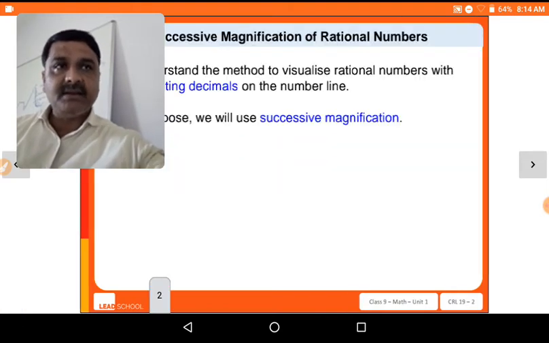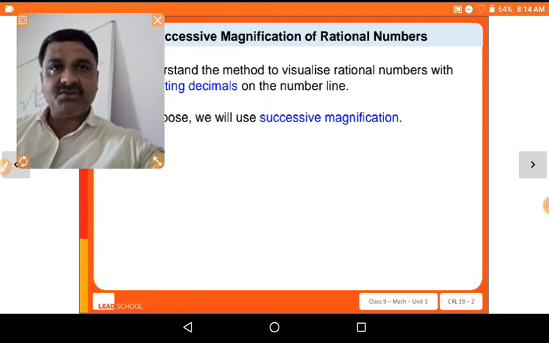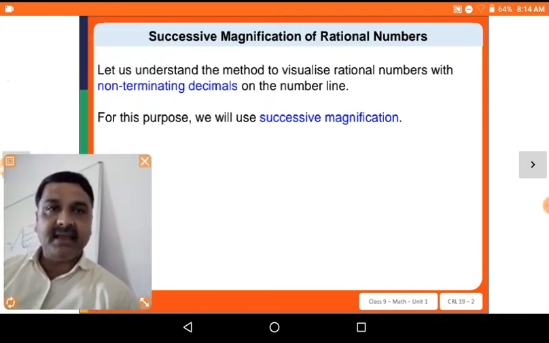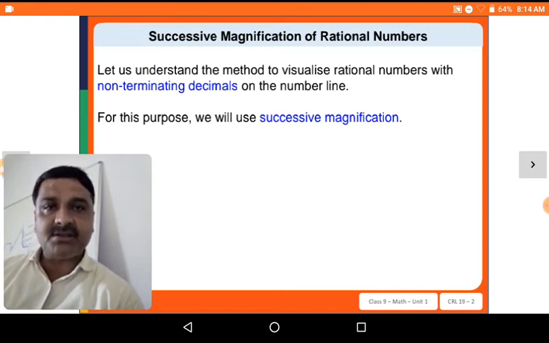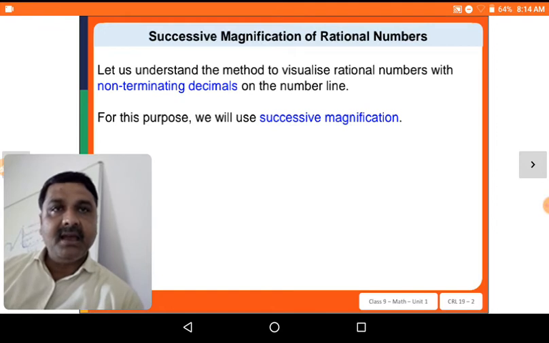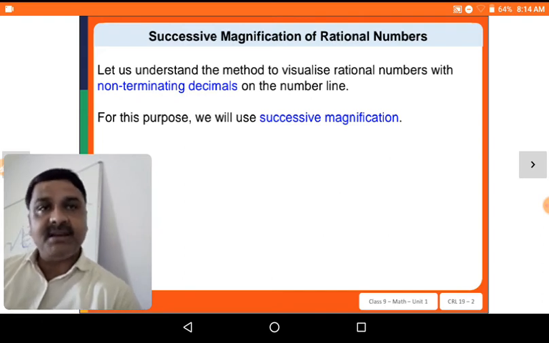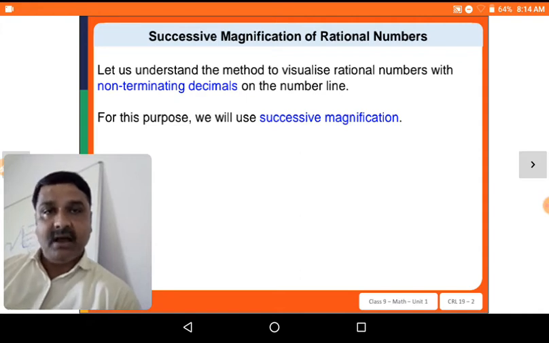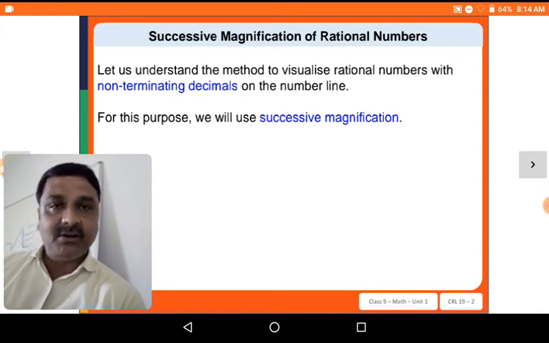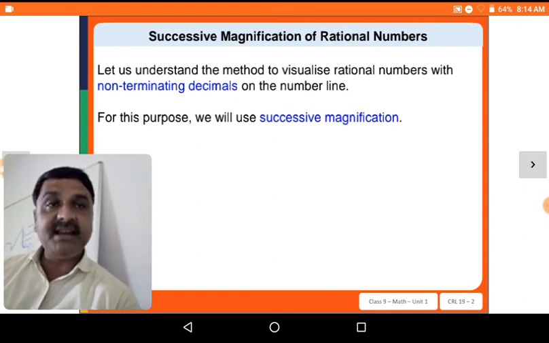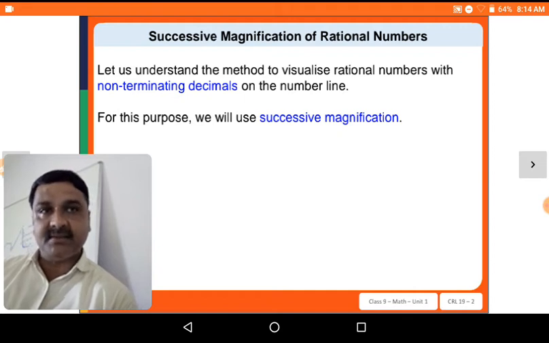First of all, some portions are given here. Let us understand the method of successive magnification of rational numbers to visualize a rational number with non-terminating decimals on the number line.